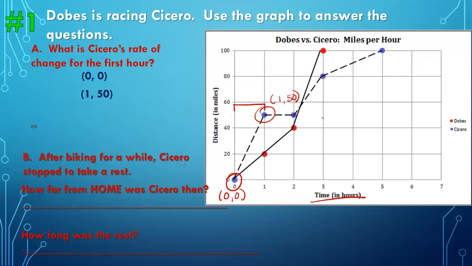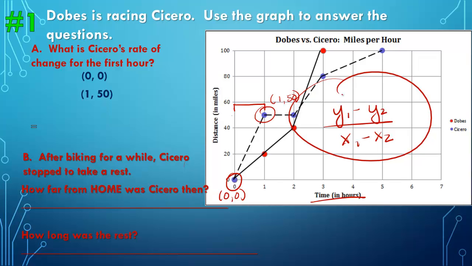So it's asking for the rate of change. So hopefully you remember that rate of change is y1 minus y2 over x1 minus x2. If you don't, write that down right now. So I'm going to start off with 0 minus 50. I'm going to do the y's first, and I'm starting with that 0, which means when I do my x's, I'm going to have to start with that 0.